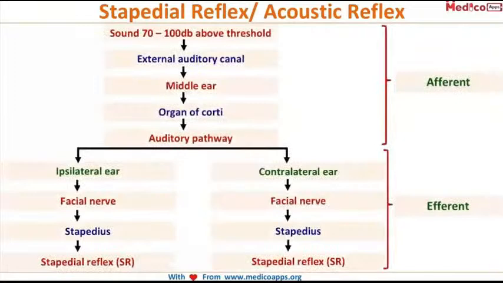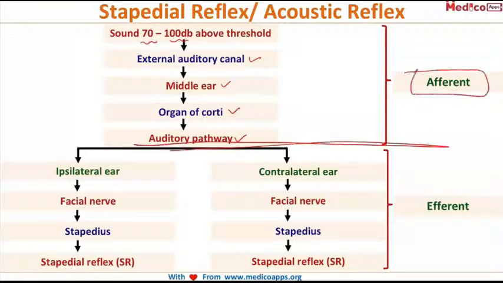We have seen in our previous class a little bit about stapedial reflex. So when the sound threshold is within 70 to 100 decibels, it passes through the external auditory canal into the middle ear to the organ of Corti and stimulates our auditory pathway. This entire process up to here, we are calling the afferent pathway.